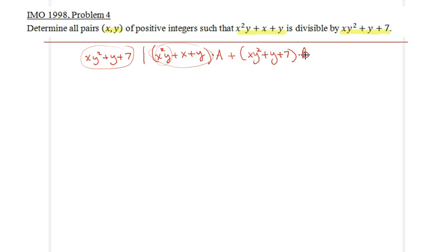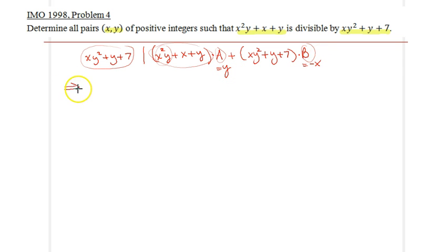All we need to do now is to figure out what those a and b values are. Well, it turns out that a is simply y, and the coefficient b is simply minus x. So that's simply y, and that's simply minus x.